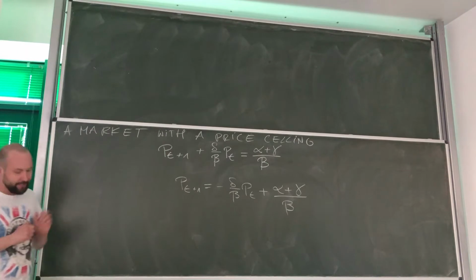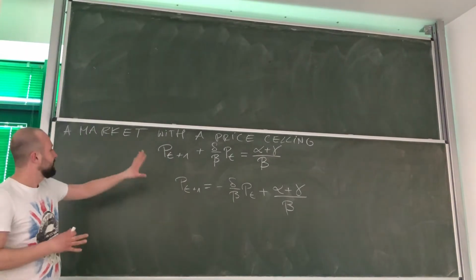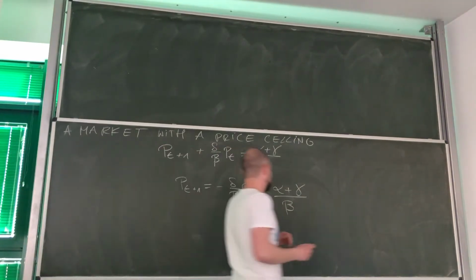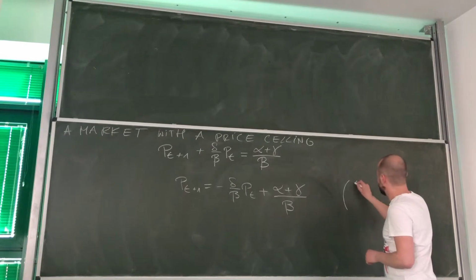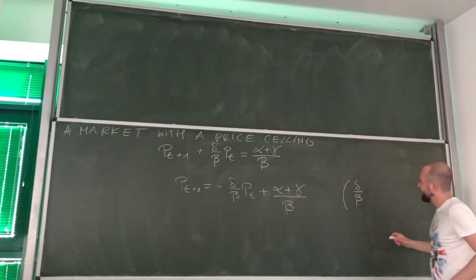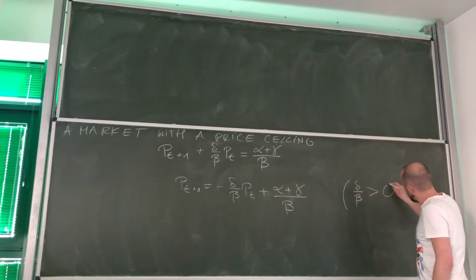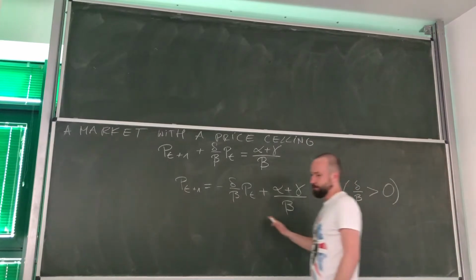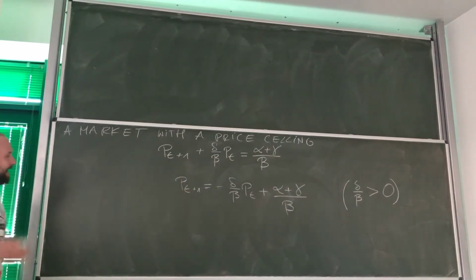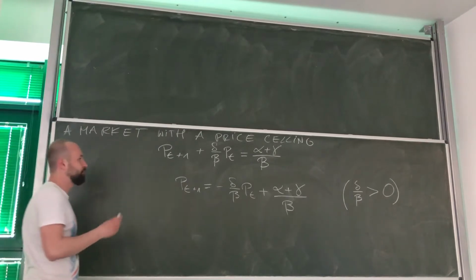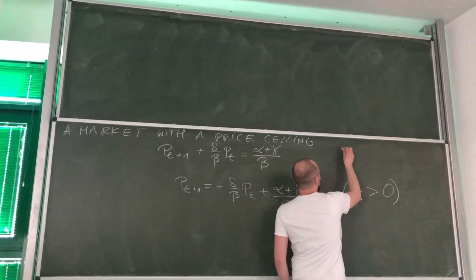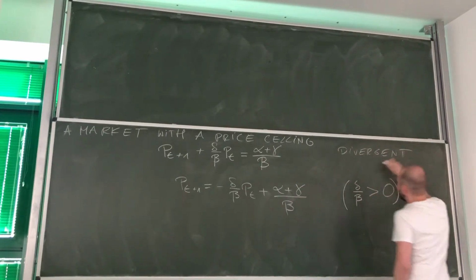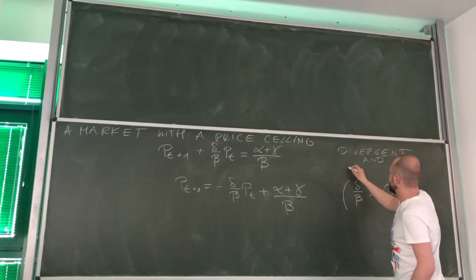And look, let's say that we've already examined this equation, and it turns out that delta over beta is bigger than 0. Okay, so we know that in this case, we should expect that the time path of price is going to be both divergent and oscillatory.